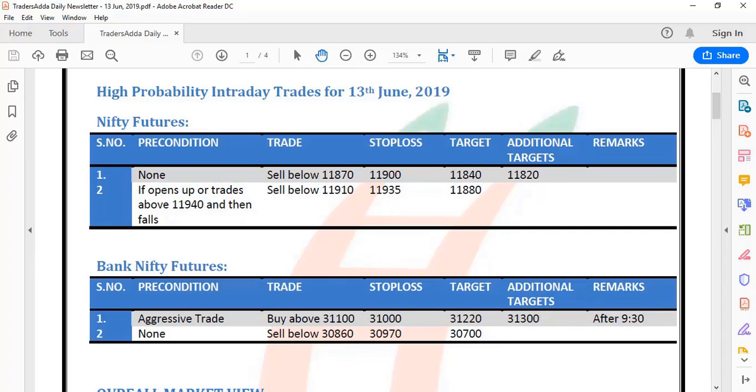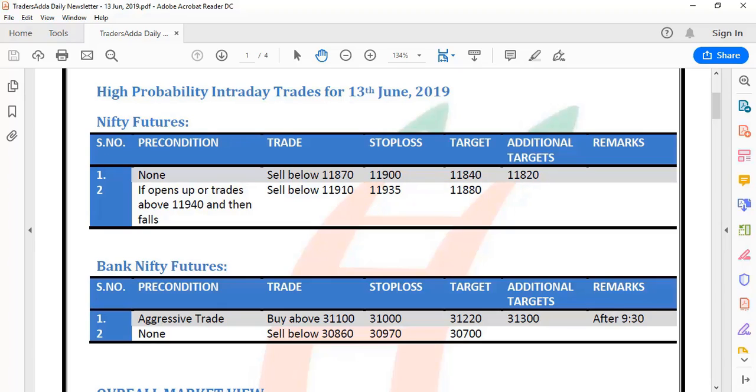So if you see the next 3 columns in the table, they are for the trading call, the stop loss and target. For example, in trade number 2, the trading call is to sell below 11,910 with stop loss at 11,935 and the target is at 11,880. Now the precondition is that Nifty futures has to trade above 11,940.